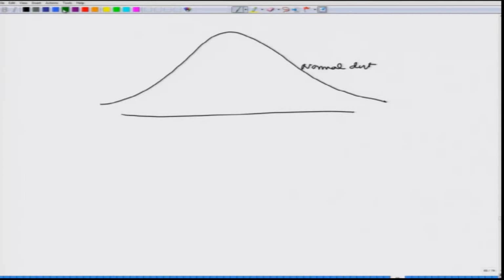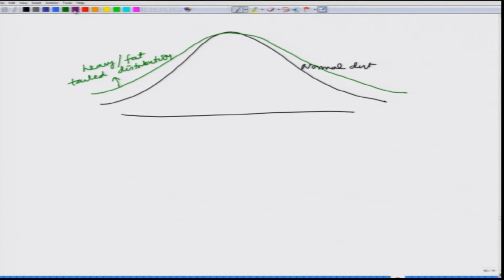Now, if there is another distribution whose tails are fatter than the normal distribution, with all other properties like symmetry maintained, you can see that this distribution has a heavier tail than the normal distribution, and so this is called a heavy or fat tailed distribution.